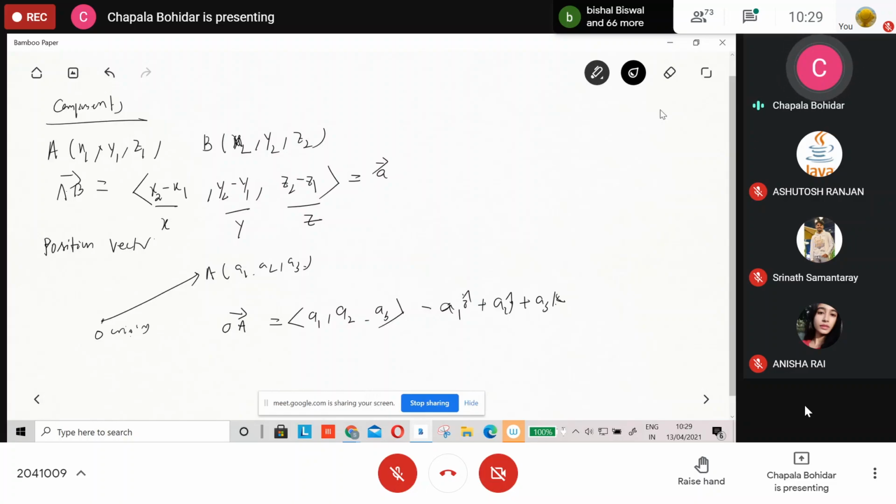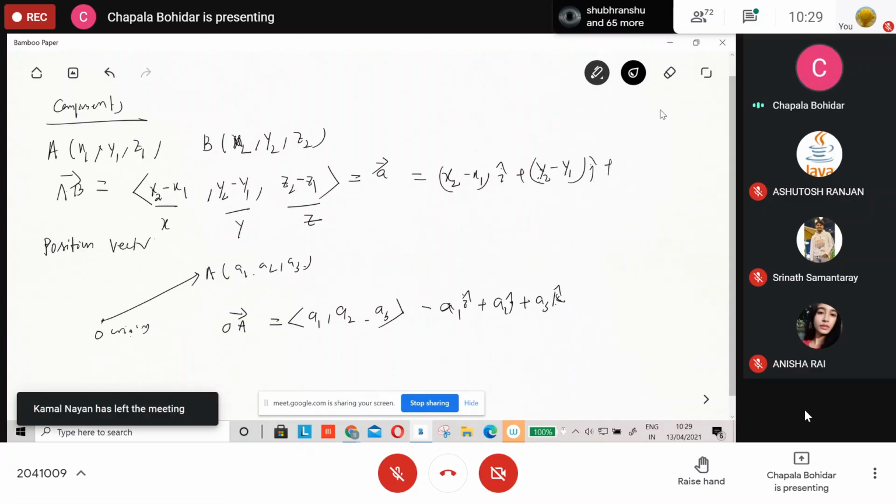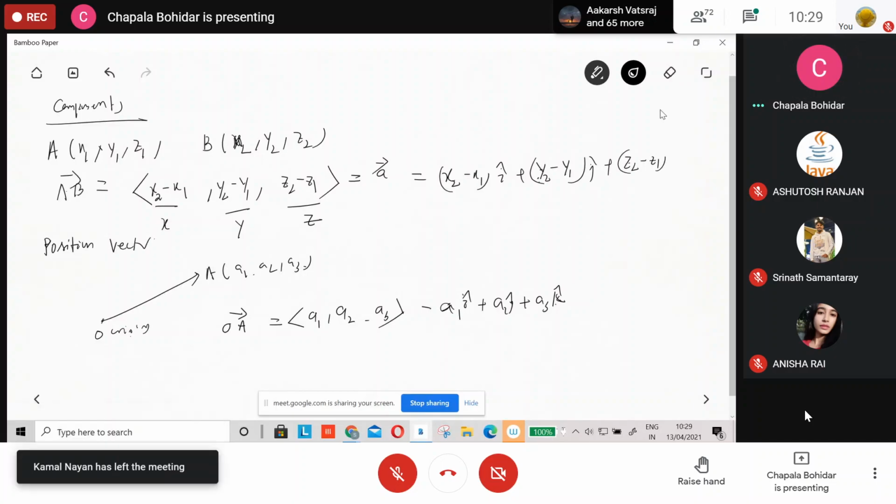All of you know about the two-dimensional. Here also we write it as x2 minus x1 i cap plus y2 minus y1 j cap plus z2 minus z1 k cap. You can write it in this way.